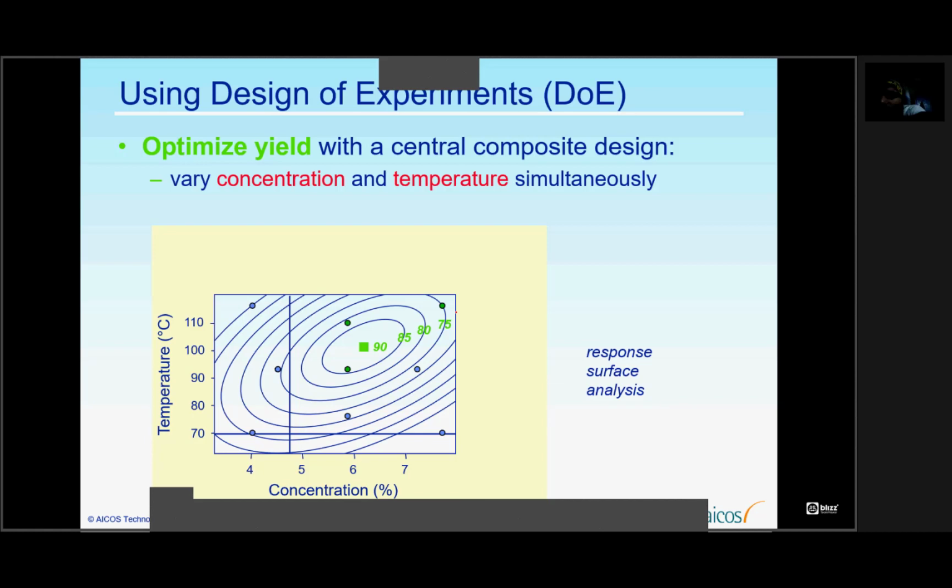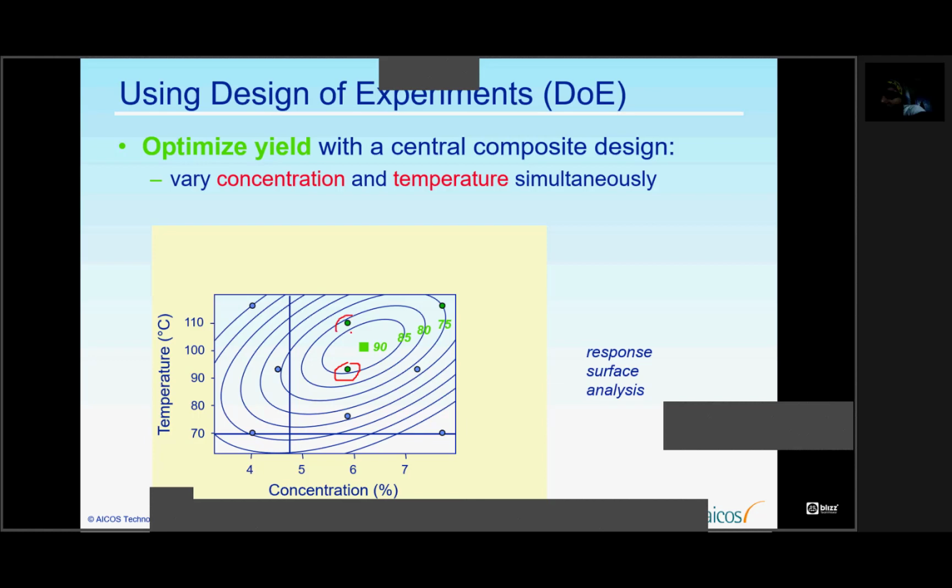And these points, as you can see, are not on 2 axes only, they are spread over the whole zone. Where these points are depends on the design, and this is calculated on the basis of statistical concepts. So if you look at this, what you see is that this point has a yield of, let's say, 85 or 86.